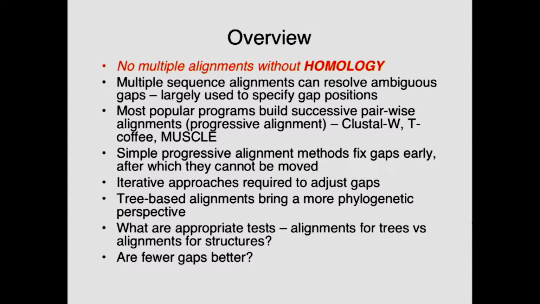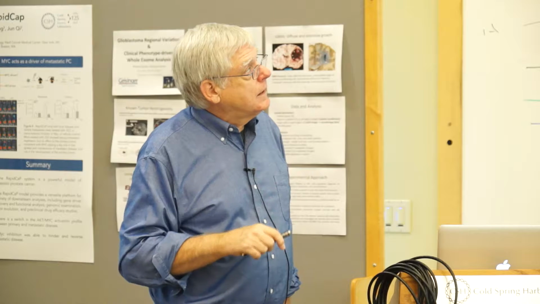But the classic methods like Clustal, T-Coffee, and some of the other ones like that, basically if you make a mistake early on, and you're not making a mistake on purpose, of course, you're making a mistake because you don't have enough data yet, then that mistake is kind of stuck, and you can't fix it later.